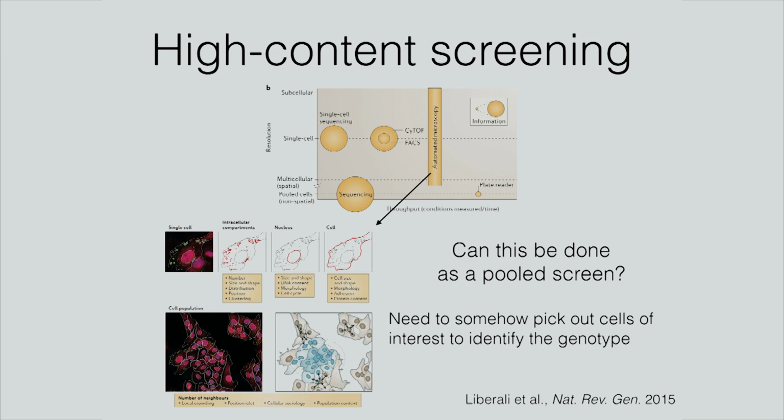But there are a few ways that I think people will be able to brainstorm and troubleshoot through, where you could microdissect a cell that has a high content phenotype of interest, like a damaged subcellular organelle, pick it out, and then sequence the barcode and see what things are coming up that show a phenotype of interest.